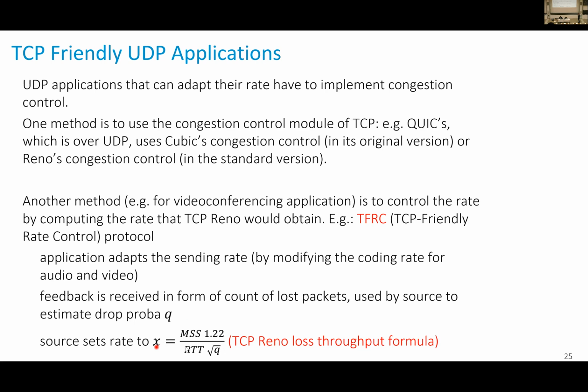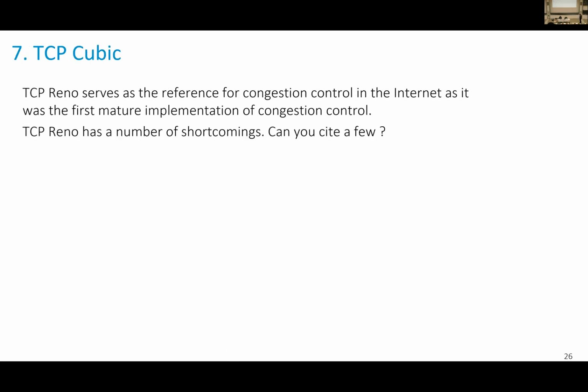So we set to this rate, and then we try to find a coding that is as close as possible to this one and does not exceed it. In some sense, such an application pretends to be TCP by pretending to follow exactly the loss throughput formula. So that's one of the uses of this loss throughput formula, apart from giving you exercises.